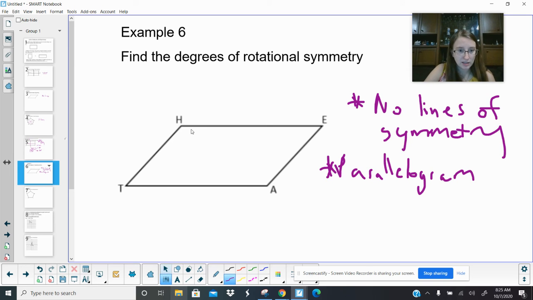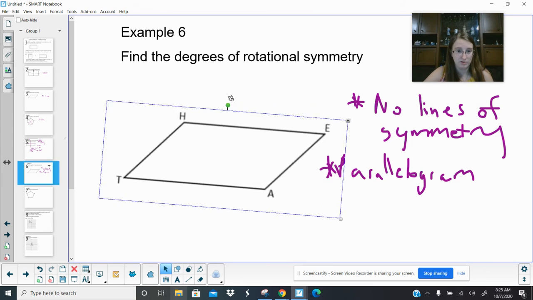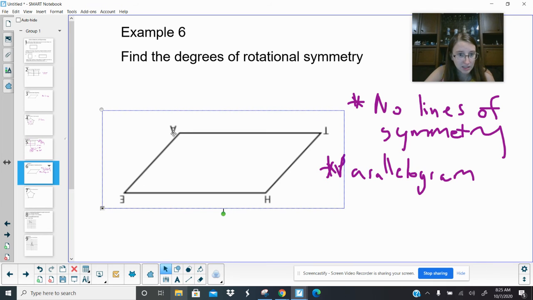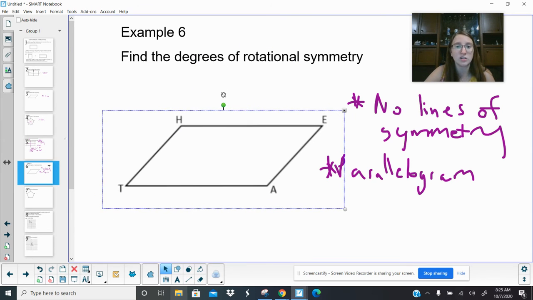If you notice how the H is pulled in a little bit and the T is pulled back, if I flip this over, I'm going to do a half turn. Notice where it lands. This point is pulled in a little bit, this point is out. That does look exactly like where it started.